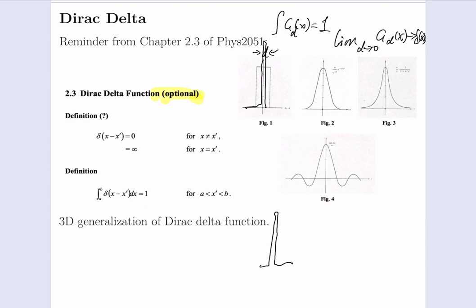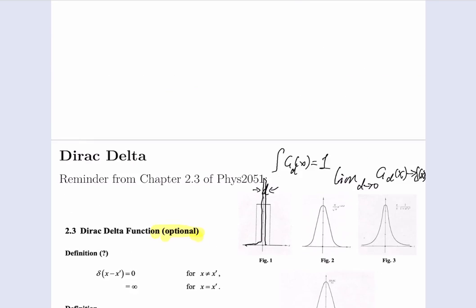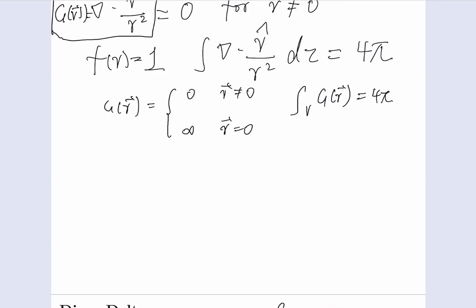But previously what we got is not exactly 1, right? So this is actually 4 pi times the delta function. And also we have a 3-dimensional function, where the function depends on x, y, and z. So this is a 3-dimensional delta function.